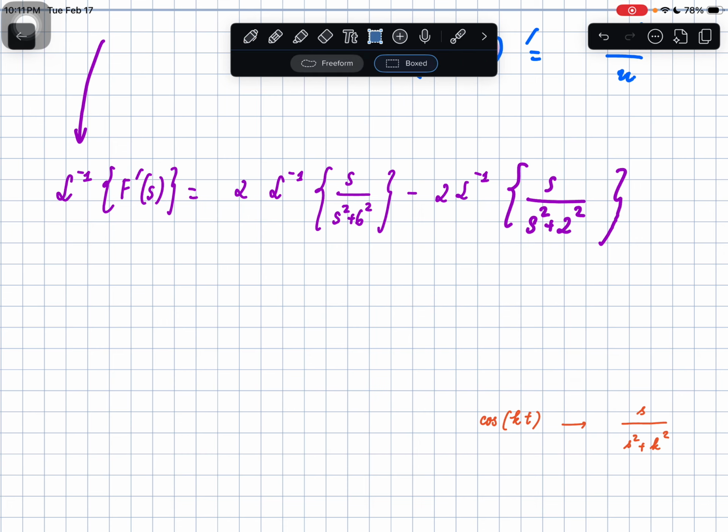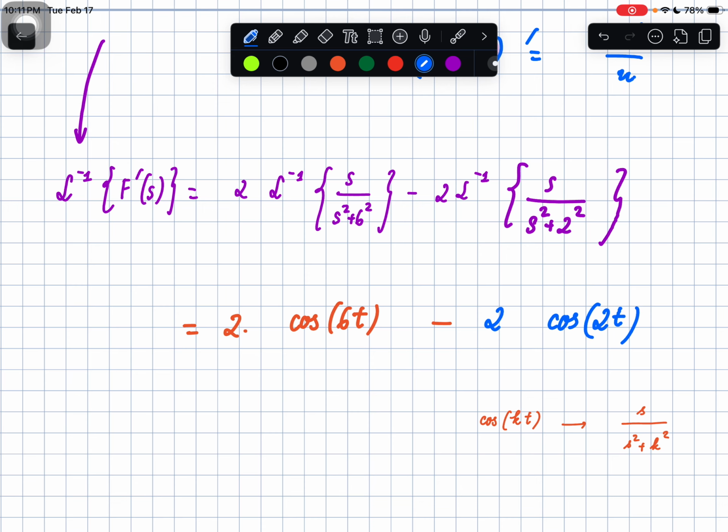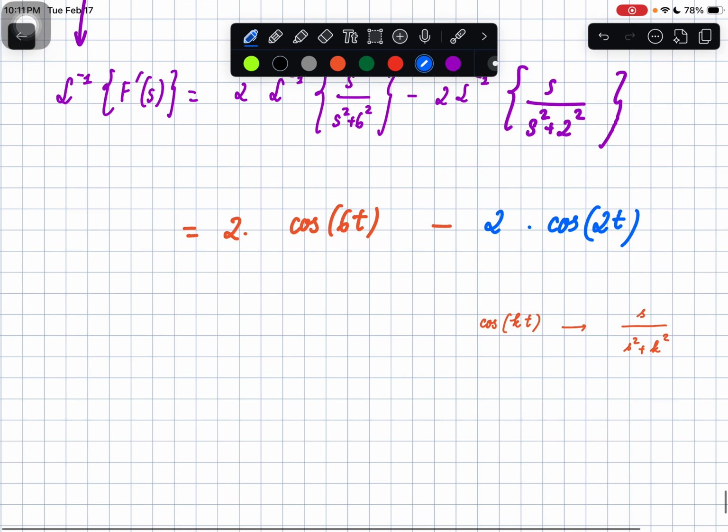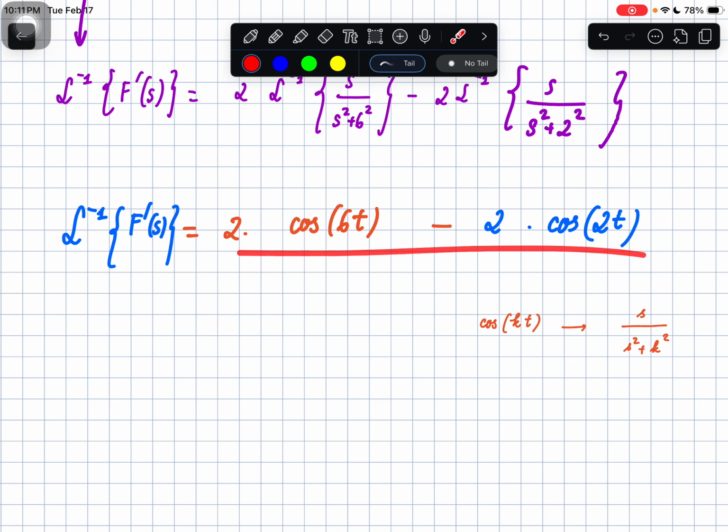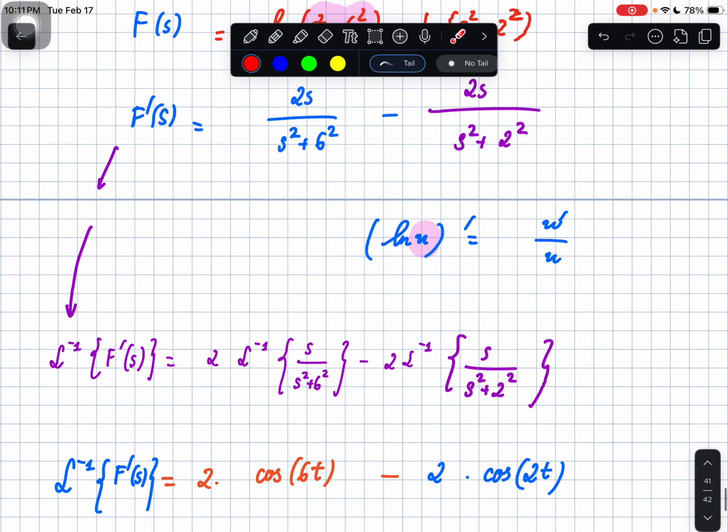This one, 2 times the inverse transform of this one will be cosine of 6t. The inverse transform of the second term is 2 times cosine 2t. So the inverse transform of F prime(s) equals this. Now we apply the formula, this one.